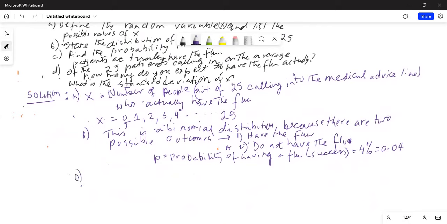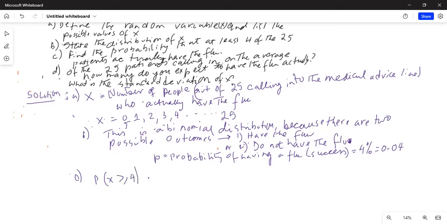Part C asks, find the probability that at least 4 of the 25 patients calling in actually have the flu. At least means the lowest value is 4. It can be greater than 4, but the lowest value is 4.